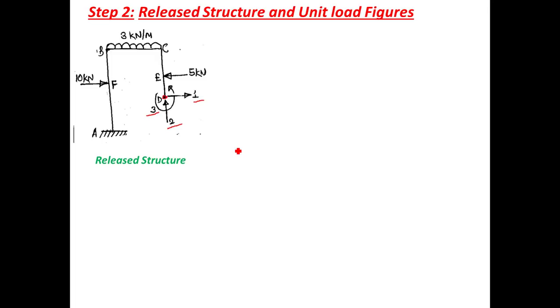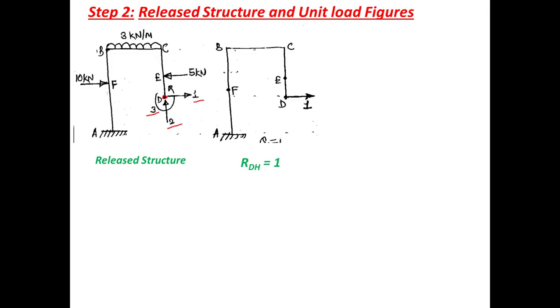Now next, after the released structure we have to draw the unit load figures. Since our first unknown is RDH, the first unit load figure is RDH equal to 1. Apply a unit horizontal force at point D. Positive direction means horizontally towards right. Okay, so this is the RDH equal to 1 figure.